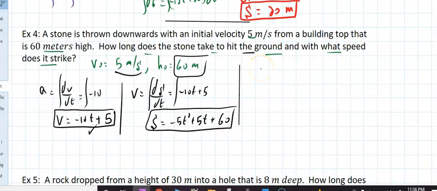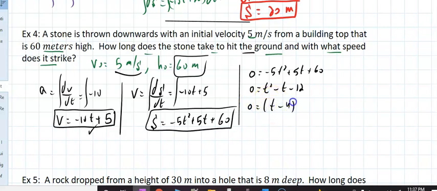So in this case, 0 equals negative 5t squared plus 5t plus 60, divide by a negative 5, 60 divided by 5 is 12. So t would be 4 or negative 3. Well, it's going to take 4 seconds to hit the ground.